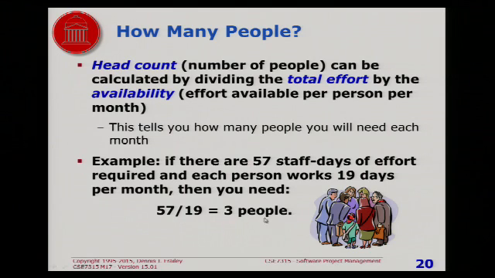So, if we have availability of 19 days per month for the average person, we take our 57 divided by 19, that gives us 3 people.